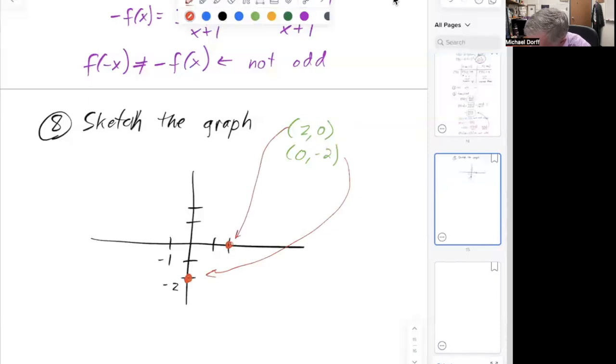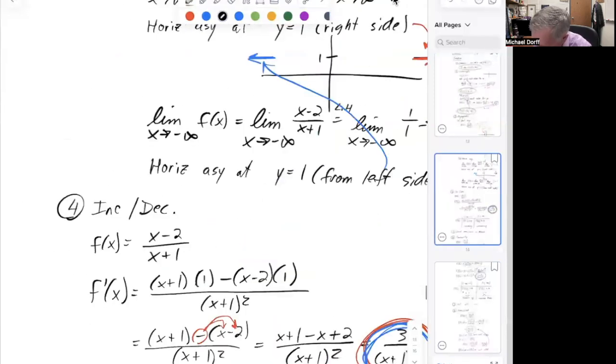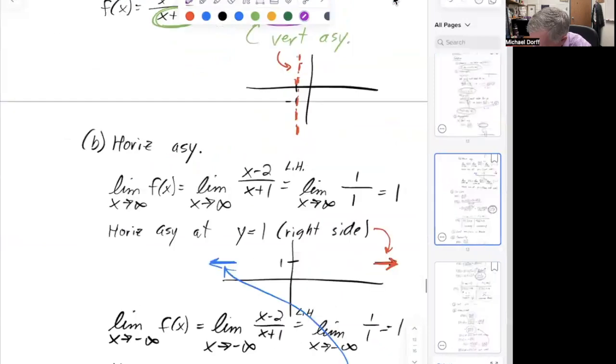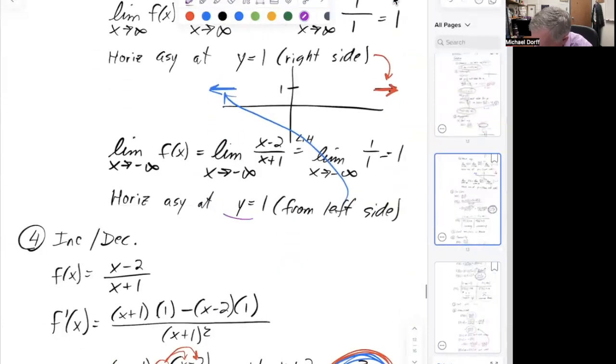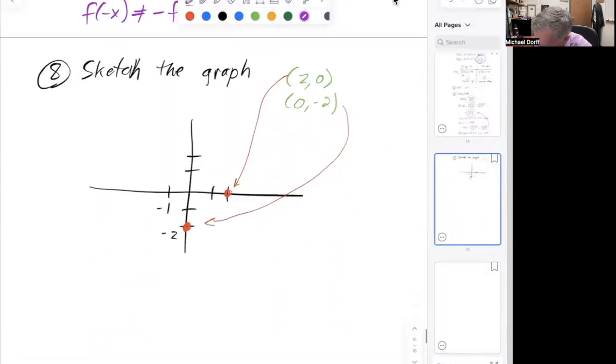Okay, going back then to some of the work that we've done in part 3, we have asymptotes. We have a vertical asymptote at x equals -1, and we have a horizontal asymptote at y equals 1. All right, so let's do that here. We've got a vertical asymptote at x equals -1.